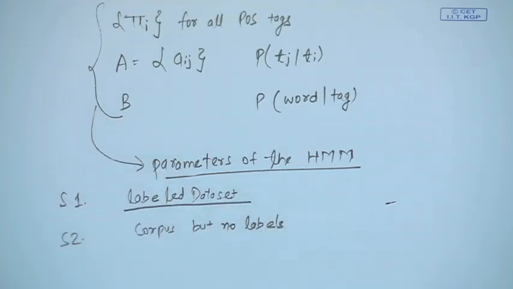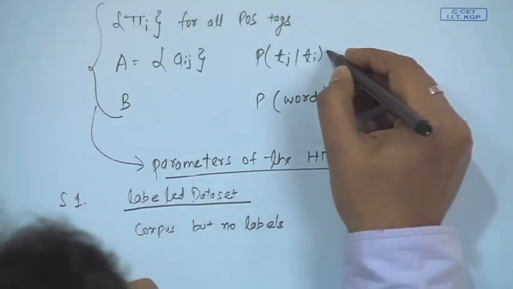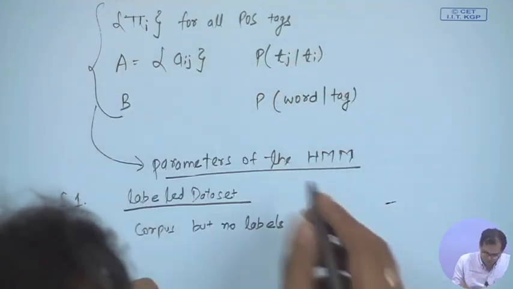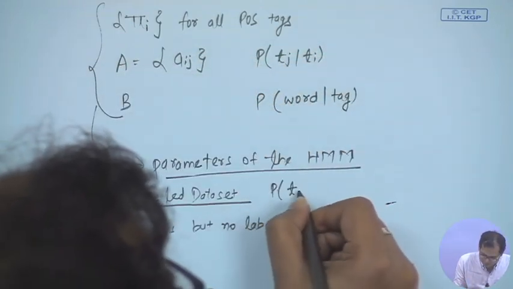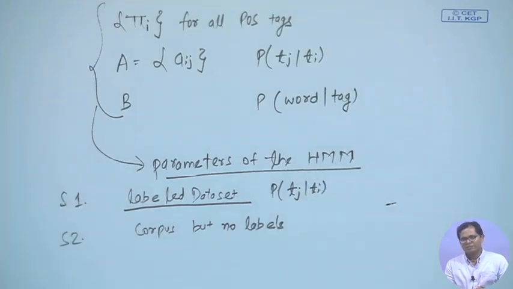Suppose you have scenario 1, the labeled data set. How can you find the parameters of the HMM? This is something we also covered last week. For example, I want to find a parameter like the transition probability, the probability of tag j given tag i. In the labeled data set, you will have all the possible tag sequences that actually occurred in the corpus.